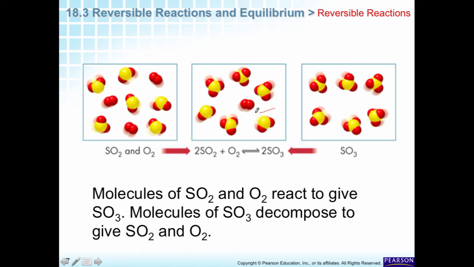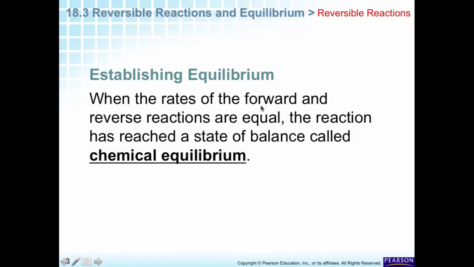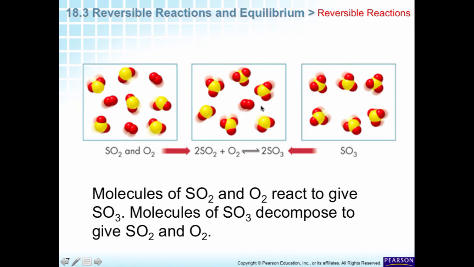So here we have an SO2, here we have an O2, so there's our SO2, O2, and here's an SO3, here's another SO2. So basically these are forming some SO3s, and eventually some of these SO3s break down.